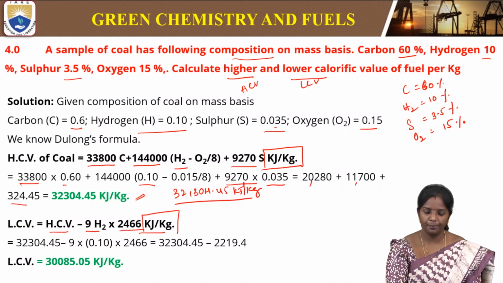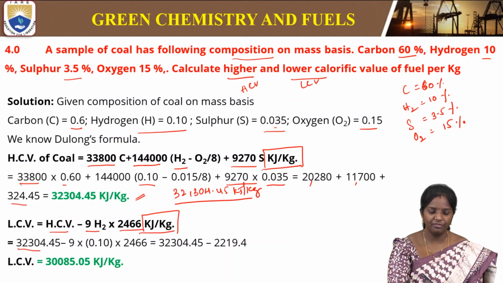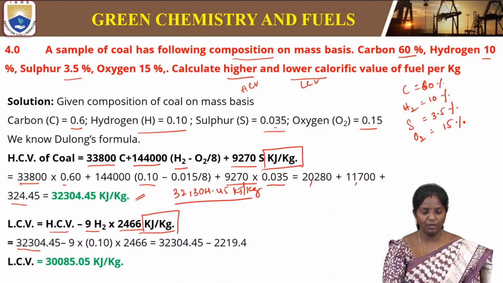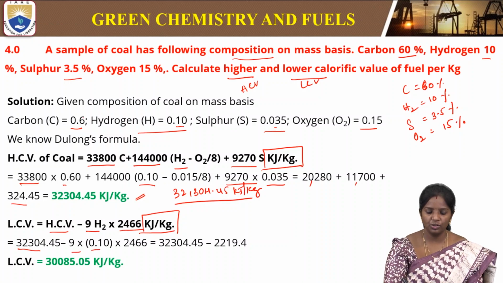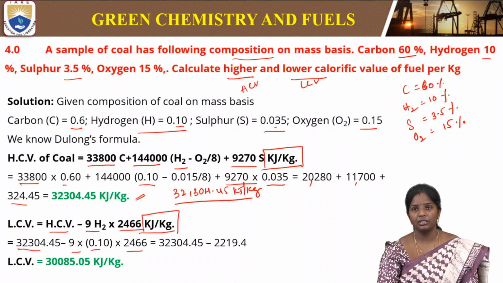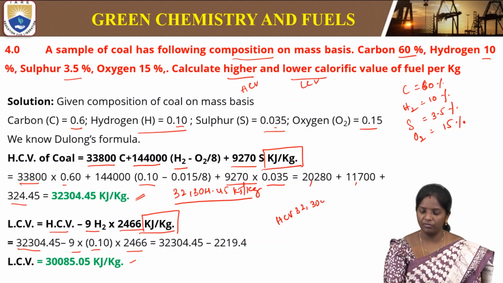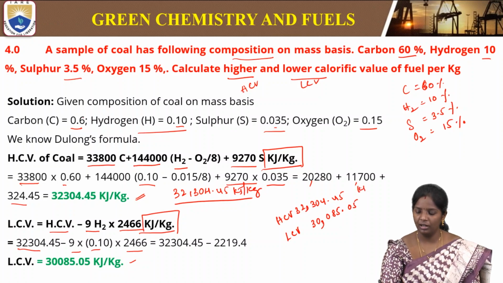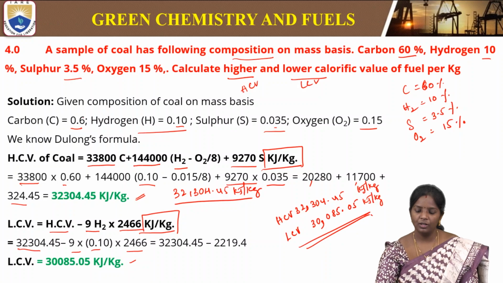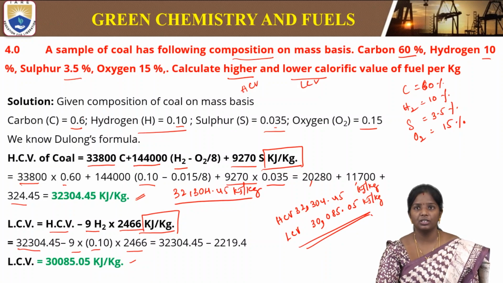So 32,304.45, the HCV value, minus 9 into 0.1 for the hydrogen into 2466, and after subtraction we get 30,085.05. So HCV is 32,304.45 and LCV is 30,085.05 kilojoule per kg. These are the HCV and LCV values for this particular coal sample.